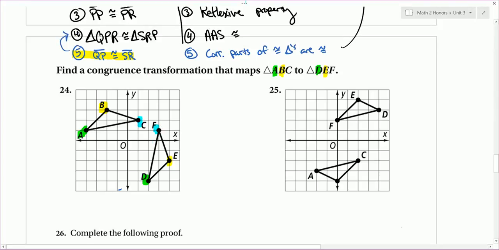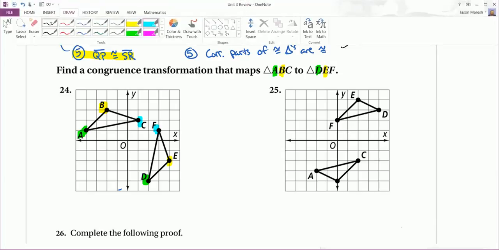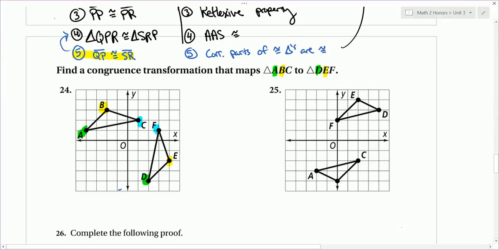We have 3 different types of transformations to use here. We can use reflections, we can use rotations, we can use translations. Okay. No matter what, we're going to have to do some kind of rotation here, and possibly even a reflection. So there's a couple different paths we can take.